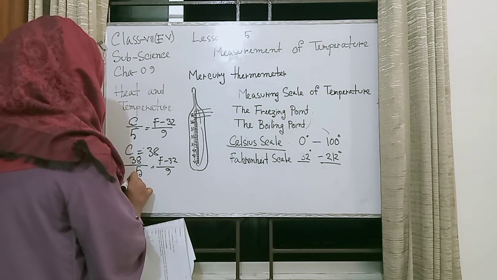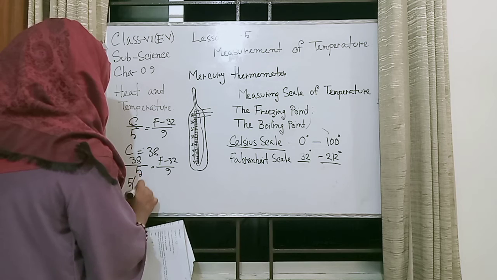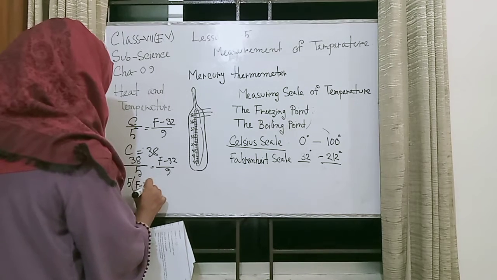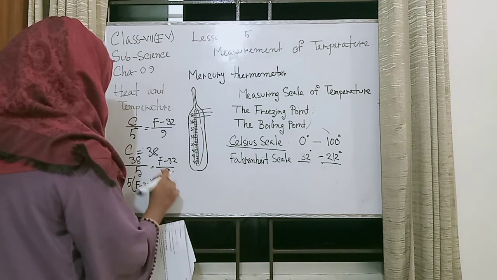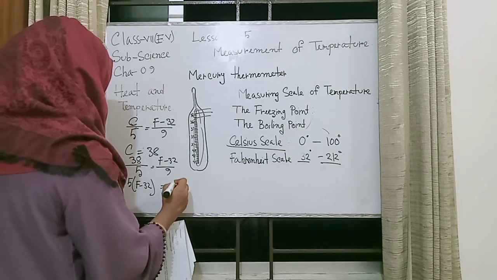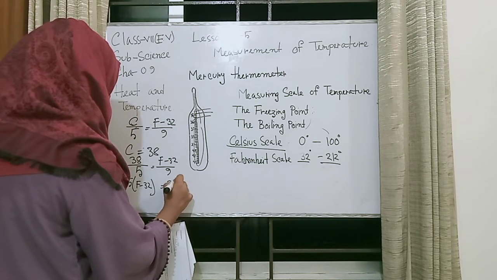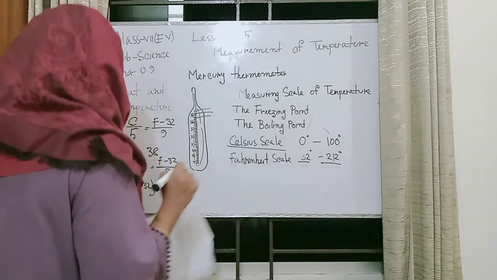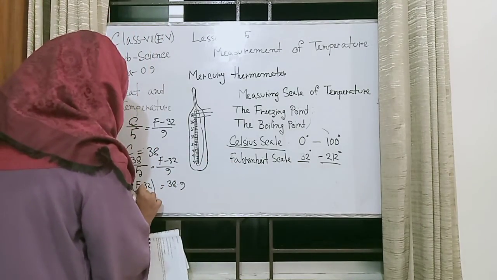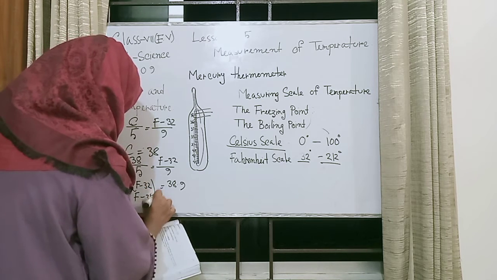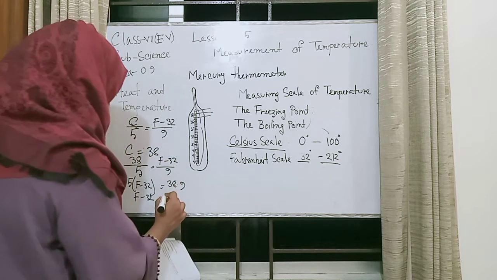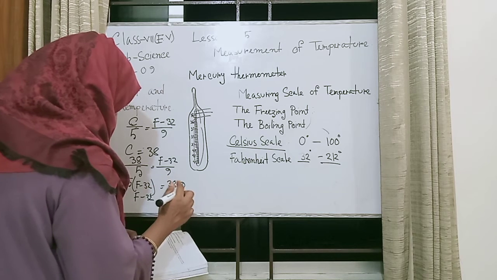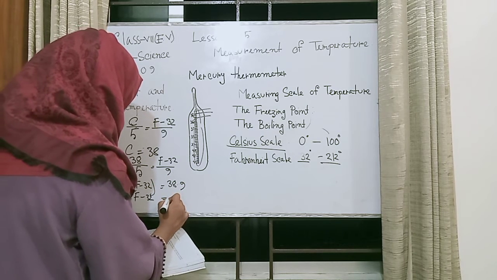Here C equals 38. Therefore we write 38 divided by 5 equals F minus 32 divided by 9. Here 5 into F minus 32 equals 38 into 9. So F minus 32 times 5 is 342.